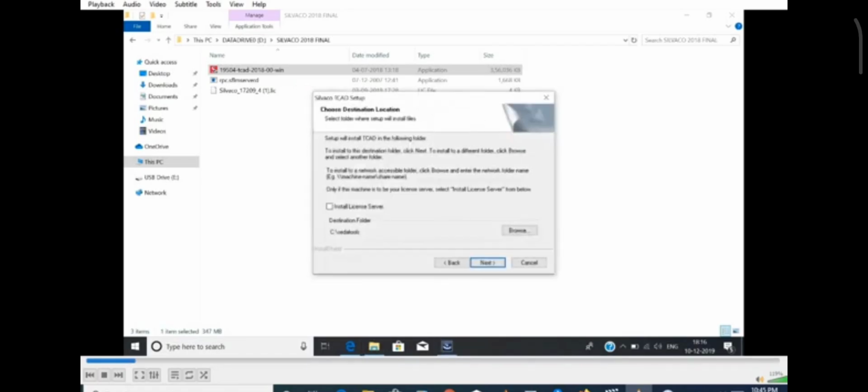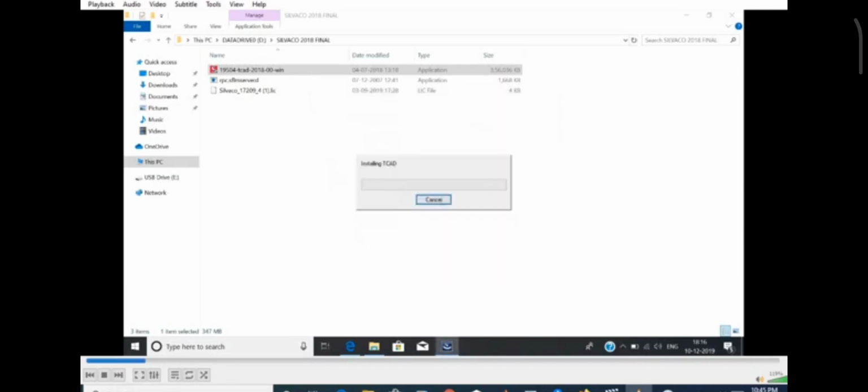You have to click on install license server if you are installing this software for the first time on your PC or laptop, and wait for a minute.